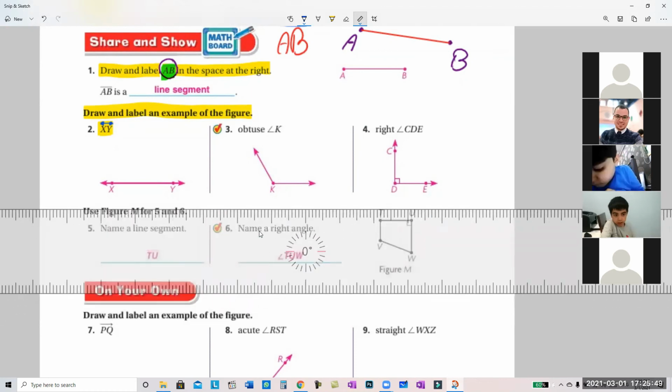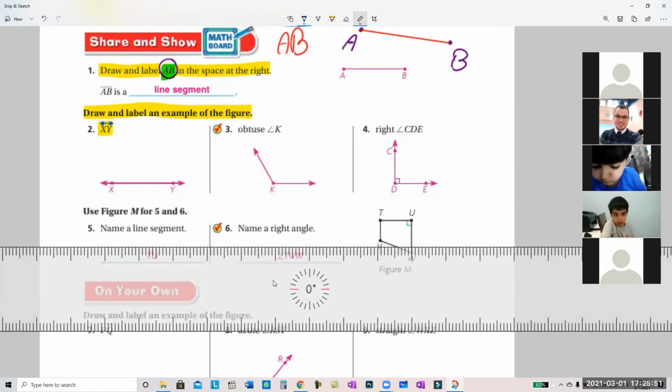As we all know, a line has no starting point or end point. So firstly, we're gonna put the 2 points, labeling the points first, and then draw our line.